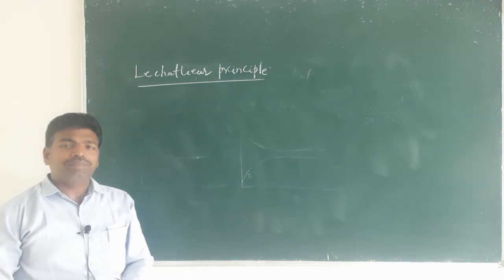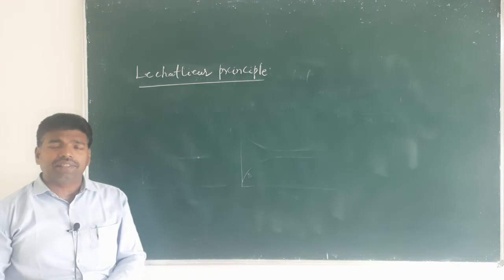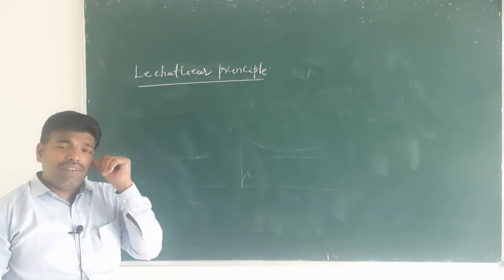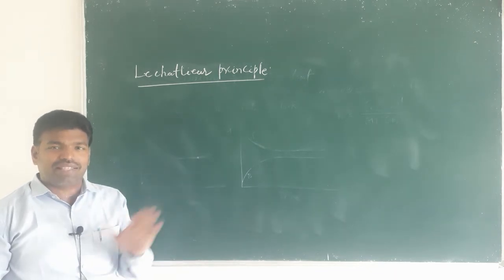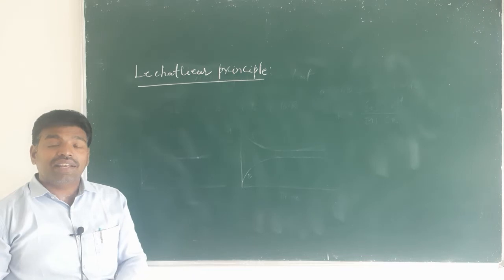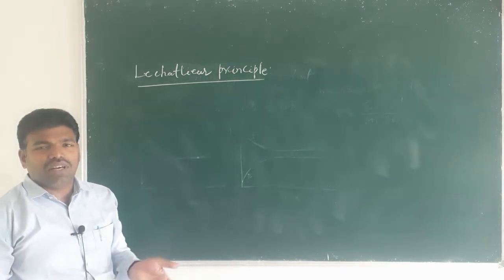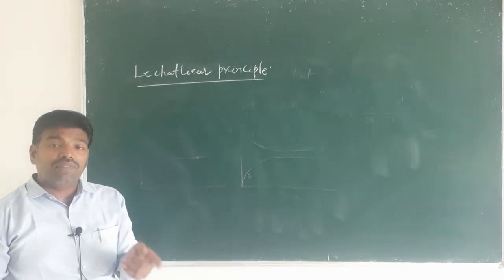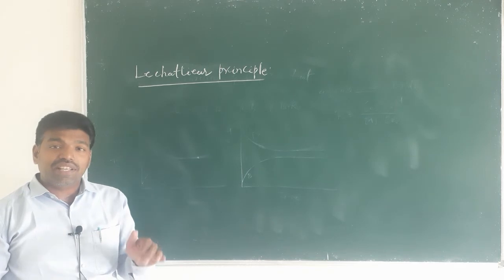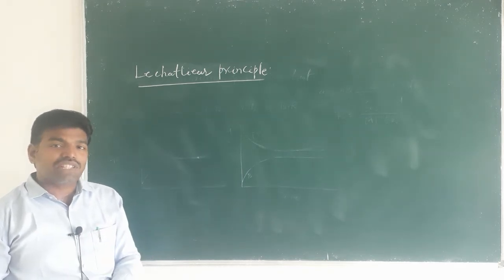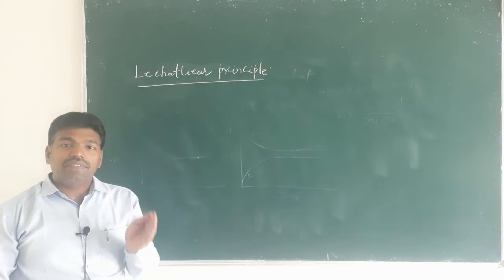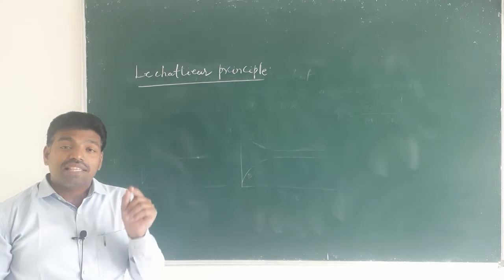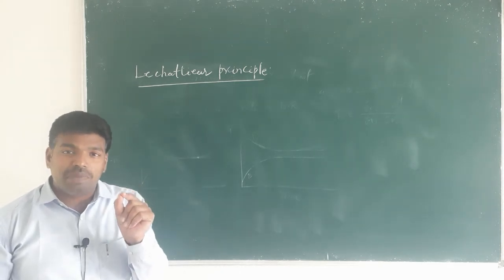I think a summary of Le Chatelier's principle is enough to understand rather than an elaborate explanation, because an elaborate explanation does not give you any advantage, but when we go through the problems then the summary gives an advantage, right. So that's why I decided to give the summary of Le Chatelier's principle.